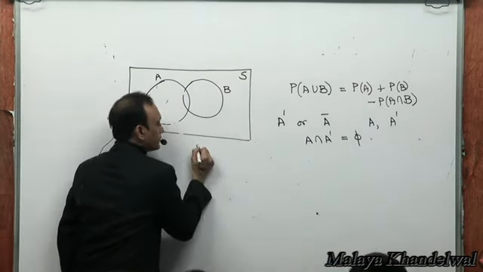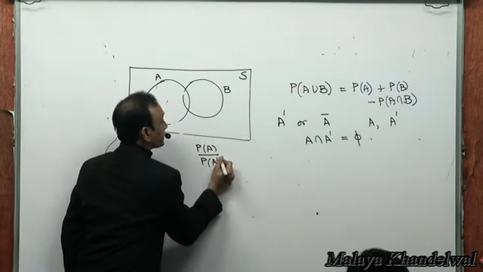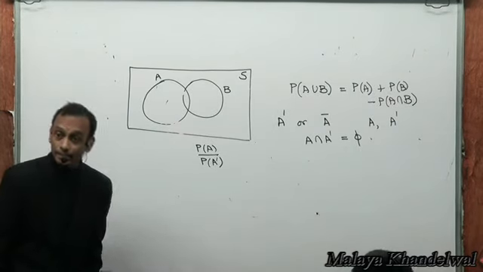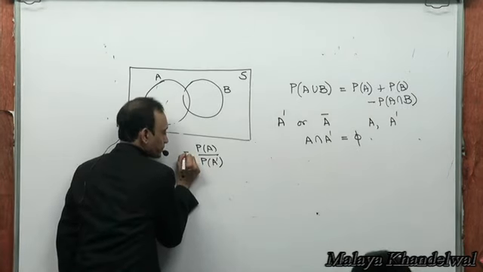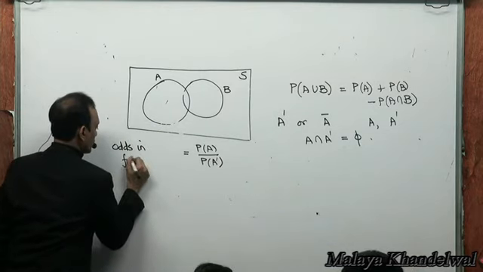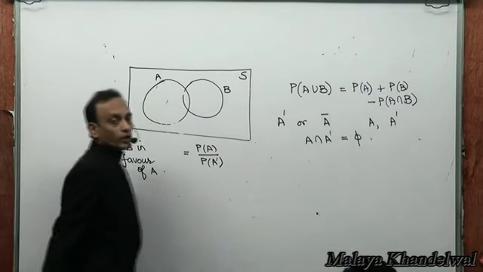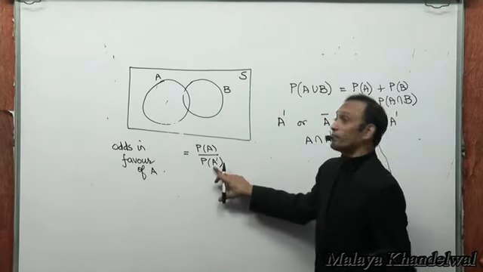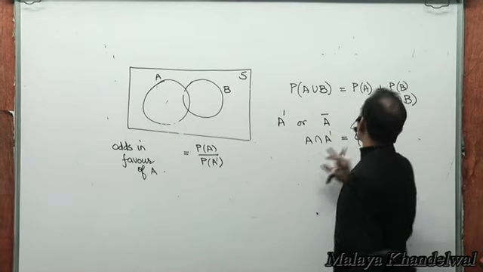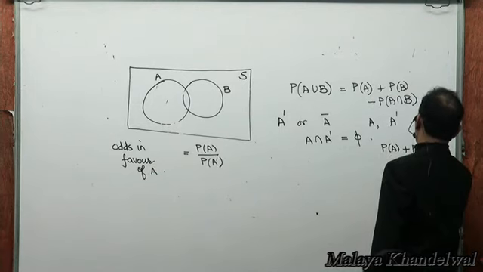We define probability of A divided by probability of A prime as odds in favor of A. Probability of occurrence of A divided by probability of non-occurrence of A is odds in favor of A. And would you also want to believe that probability of A plus probability of A prime has to be 1?